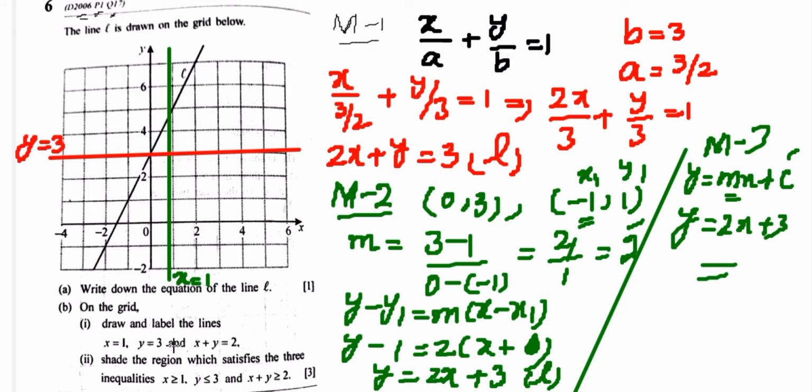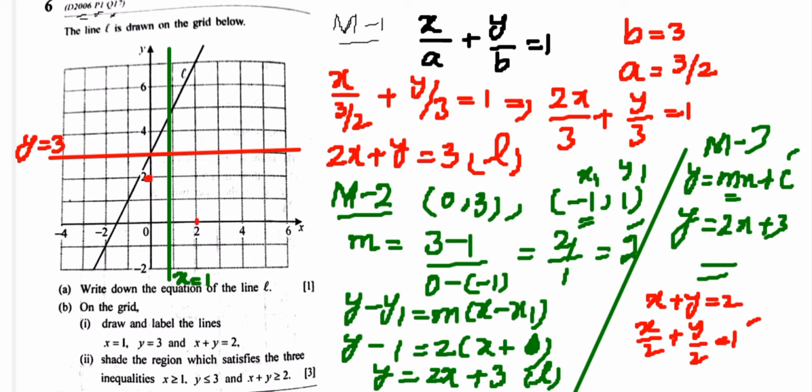The last one, x plus y is equal to 2. By dividing both sides by 2, we have x by 2 plus y by 2 is equal to 1. This is the two-intercept form of a line. This shows your x-intercept is 2 and y-intercept is also 2. It means this line will cut the graph at x is equal to 2 and y is equal to 2 here. So this is your y is equal to 2 and this is your x is equal to 2.